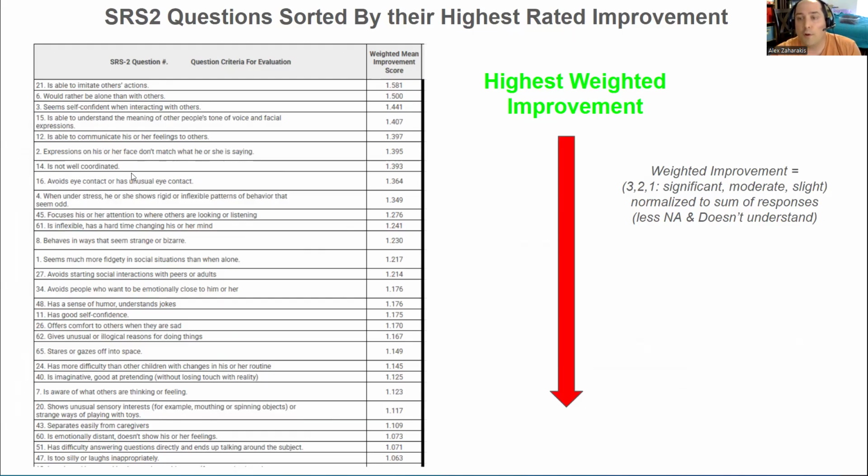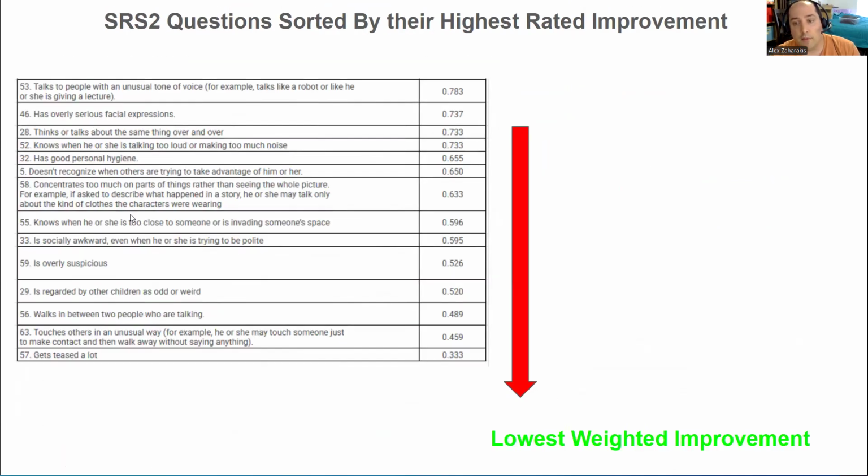Is not well coordinated. We're seeing improvement in that. And then the least improved item is something like gets teased a lot, which, think about it, you could conceivably see. That's probably going to be very difficult to change, regardless of the individual seeing improvement.